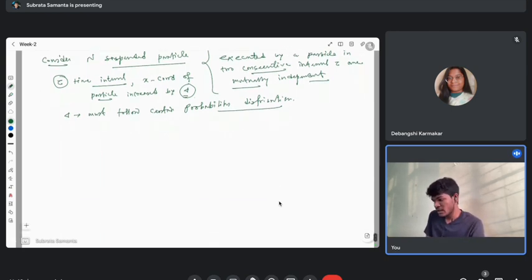So again, let's consider the dn particles.